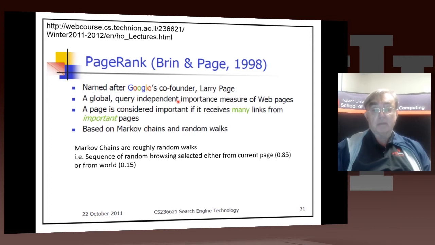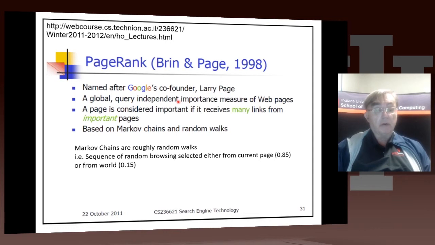We look at what happens when we have people or agents moving through the internet. At any stage they're on a page, and they select equally from all the links on the page another page and go to it. They do that 85% of the time, so any one page is gone to with probability 0.85 over the number of links on the page.